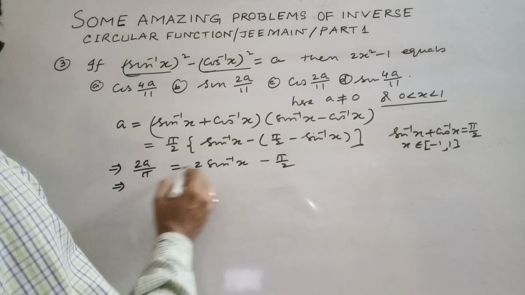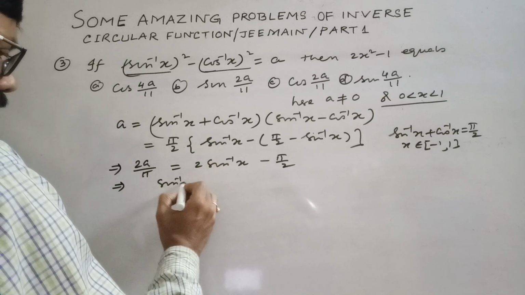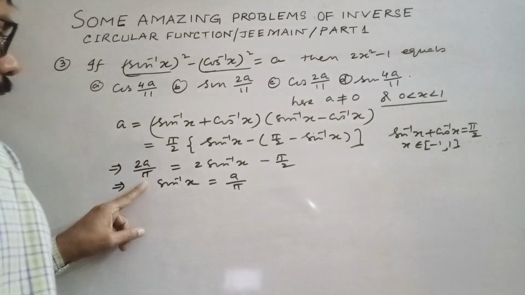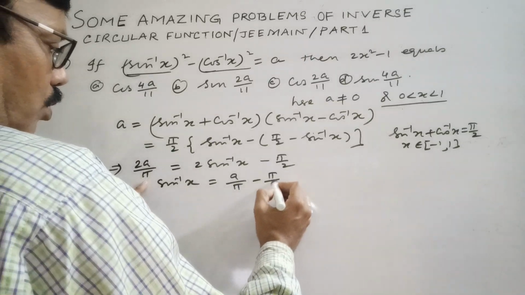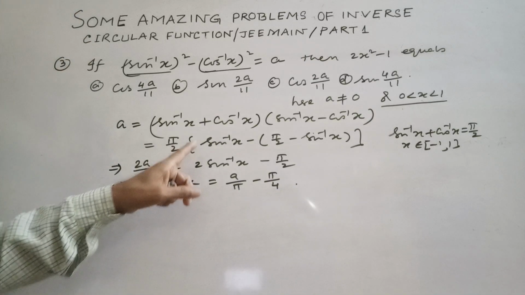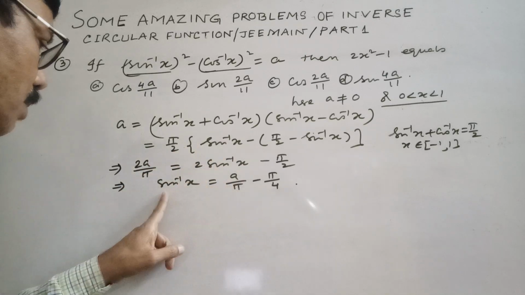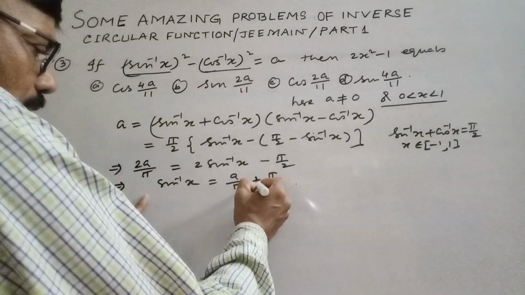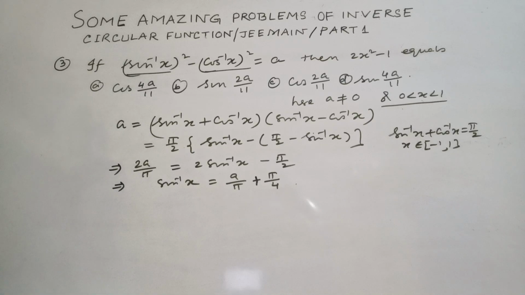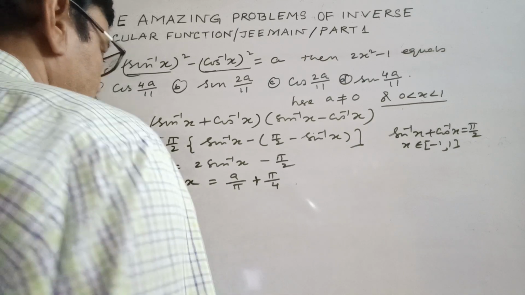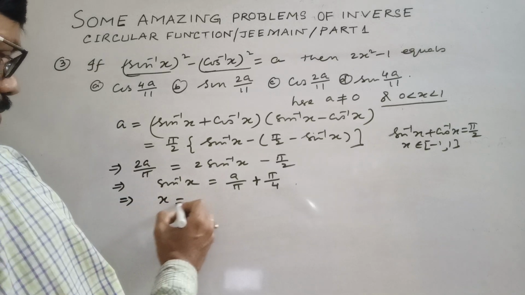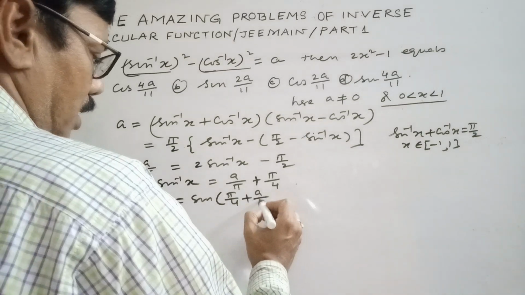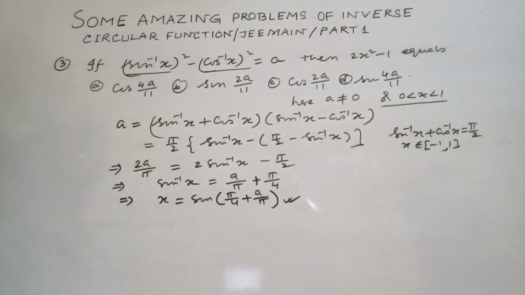Divide throughout by 2, we are getting sin inverse x equals a by pi minus pi by 4. So pi by 4 is transferred to the right hand side, and this is a by pi. So what is x? x equals sin of (pi by 4 plus a by pi). So this is the value of x.